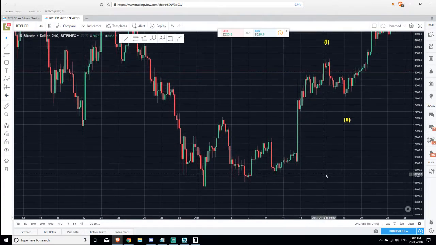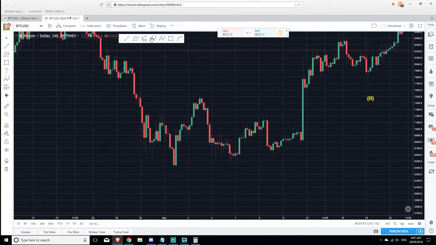Inside of the first wave, you've got a leading first wave diagonal. So I can see something like this, perhaps a 1, 2, 3, 4, and this is a 5.